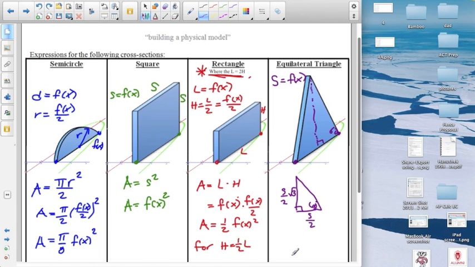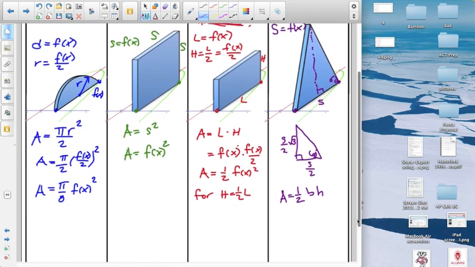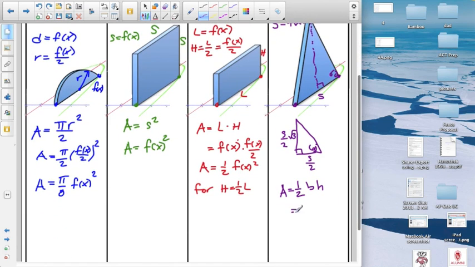And so getting the area then, the area of any triangle is half base times height. The base of the equilateral triangle is that expression, is that side, s. And I'm going to stick with that variable for now. So the base is s, the height is square root of 3 times s over 2.